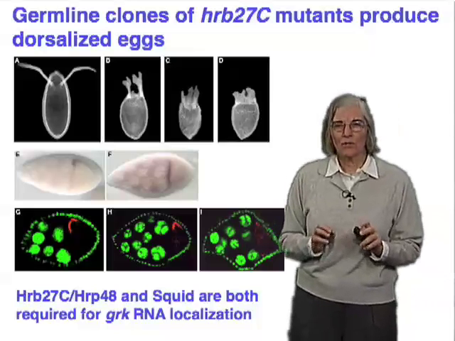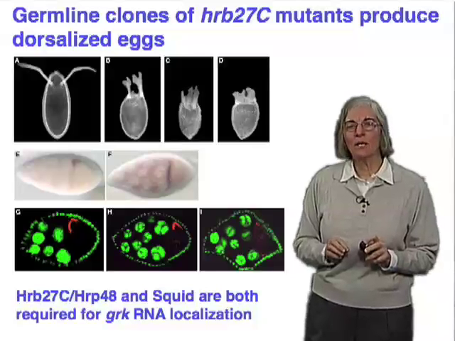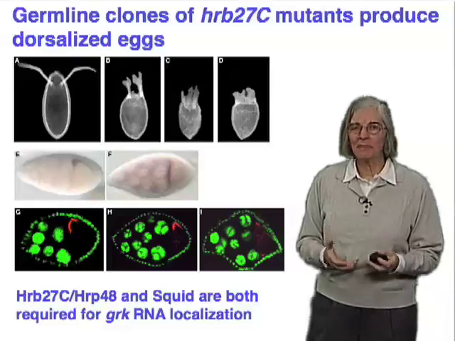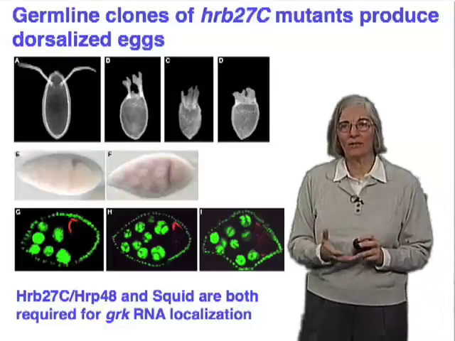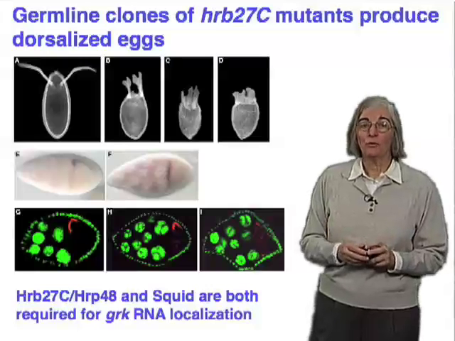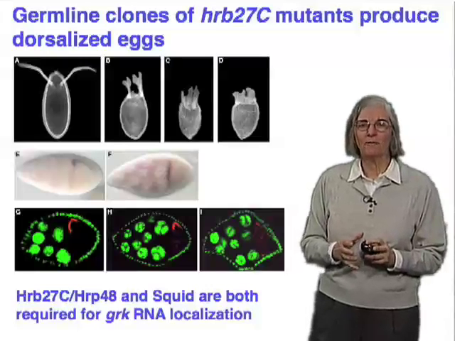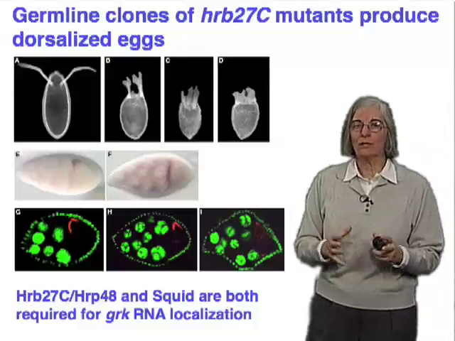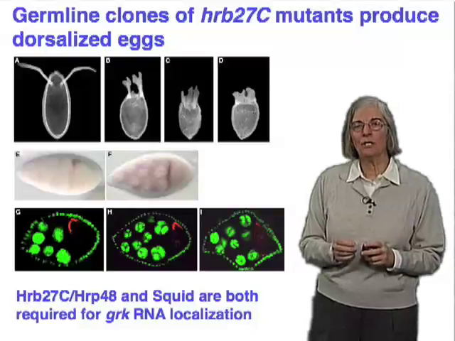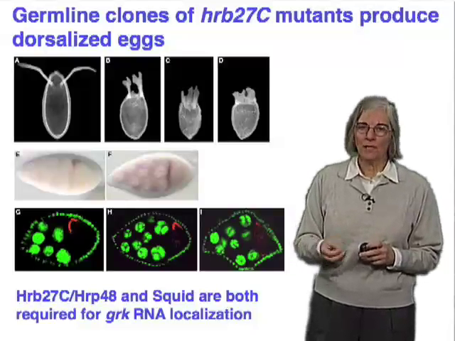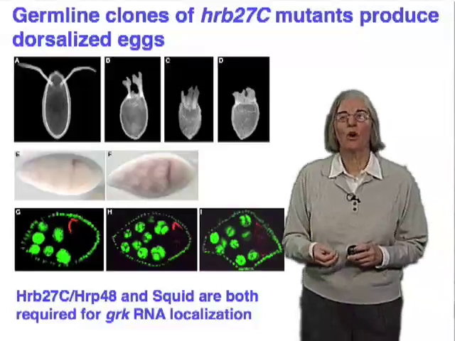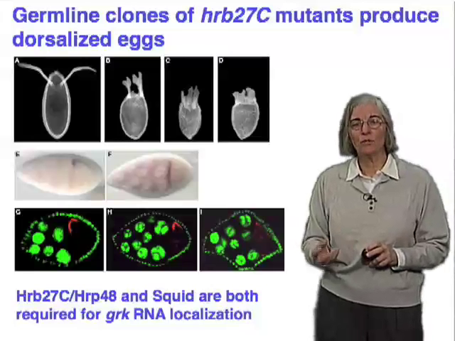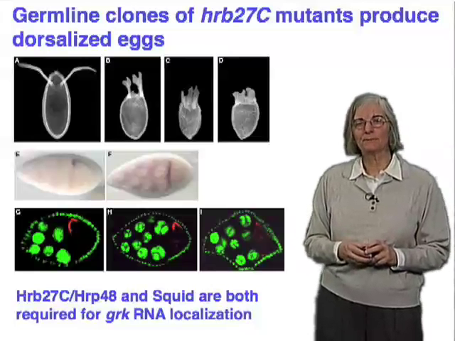This wasn't so straightforward in this case because mutations in this gene are actually lethal. That means we can't just simply take homozygous females and check their eggs, but we have to use a more complicated way of making mosaics where the females in general are heterozygous for the mutation and therefore survive, but then using mitotic recombination we can create homozygous germ cells and then test what the effect is of losing this gene now in the germline.